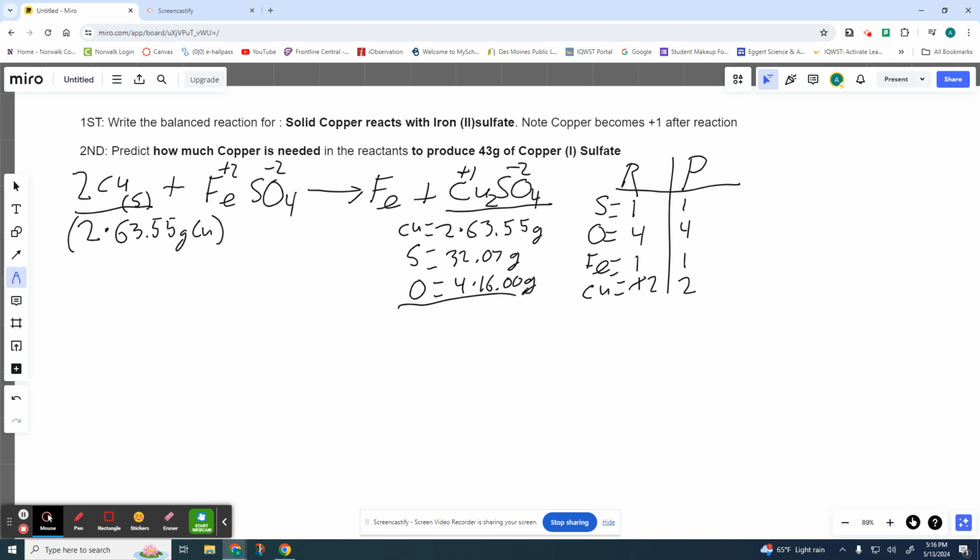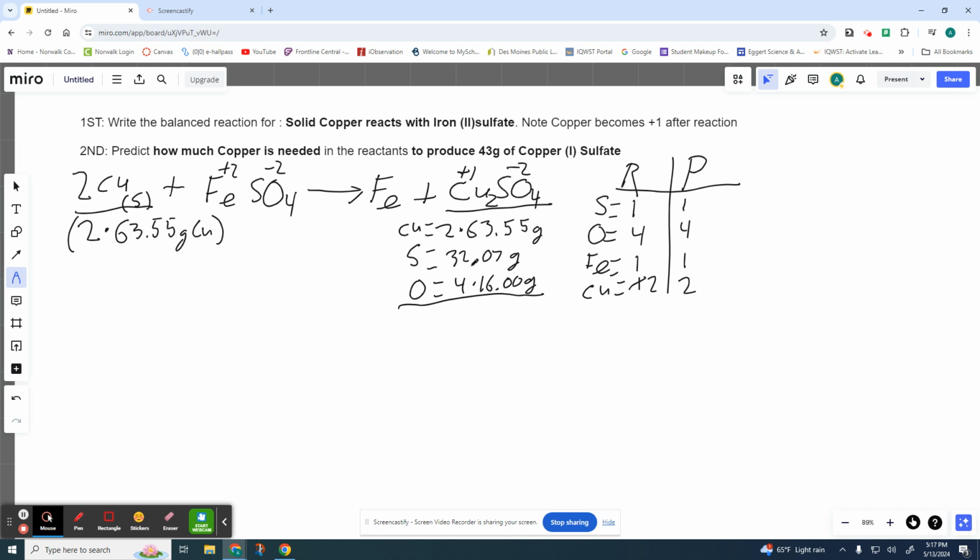Now for this package, the combo of copper 1 sulfate, you need to multiply and add these up carefully. So you take 2 times 63.55, add it to the sulfur's 32.07, take 4 times 16 grams, and add those up carefully.